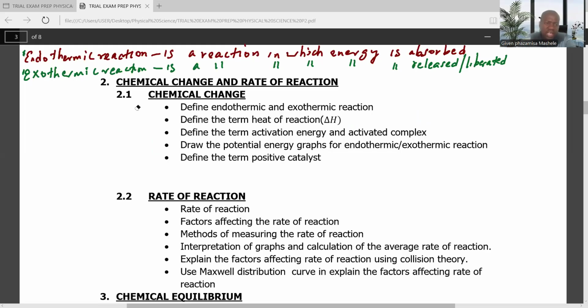So total energy, either absorbed or released, in a chemical reaction, is called the heat of reaction.